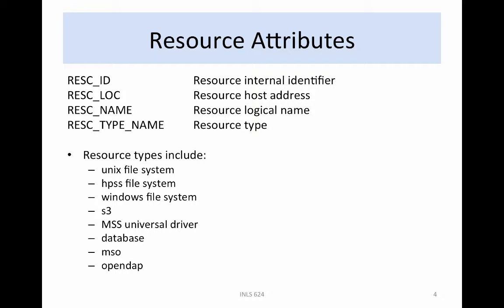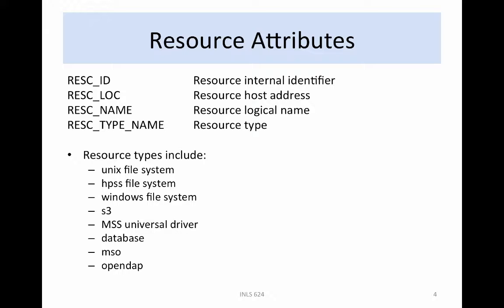The attribute names associated with storage resources are resource ID, an internal identifier for storage resources; resource loc, the host address of the storage; resource name, a logical name for the storage; resource type name, the type of storage resource.